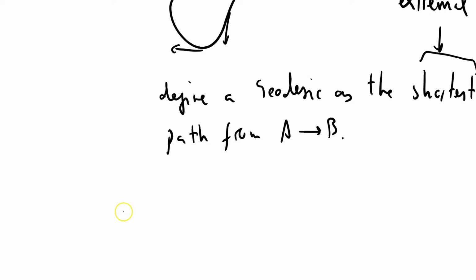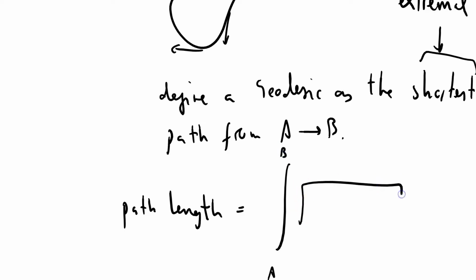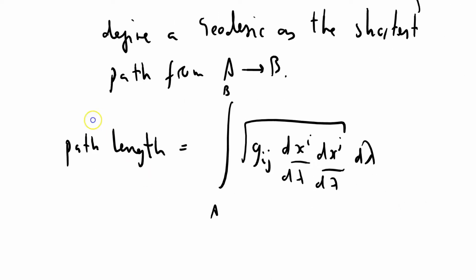So the path length equals the integral from A to B of the line element, which is just the square root of g_ij. Now how quickly is this moving? Well, it's moving with speed dx^i/dλ, dx^j/dλ, and it's integrated with respect to dλ.